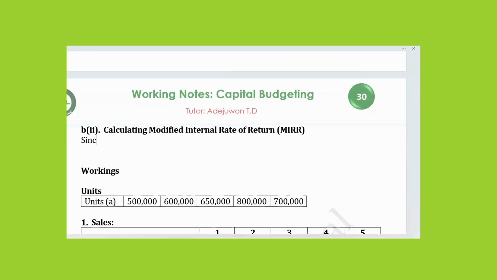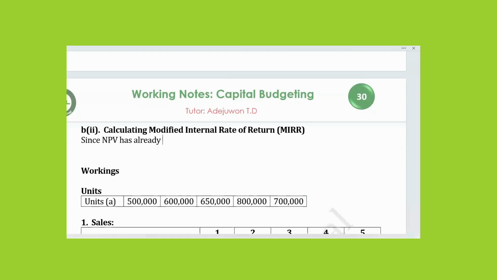So I would then say, since net present value has already been calculated, on the day of your exam, there is no need for you to be saying all of this. Just put down your formula and move on. But because of your own understanding, let me just put a comment.